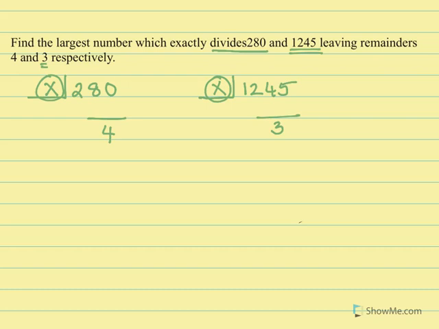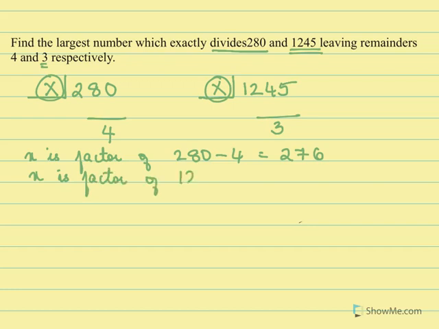But x is not a factor of 280. x is a factor of 280 minus 4, and that is 276. x also is a factor of 1245 minus 3, and that is 1242.